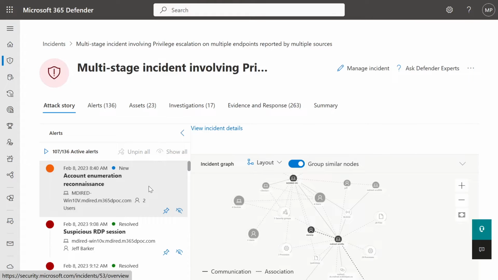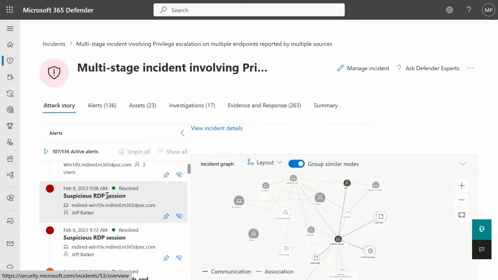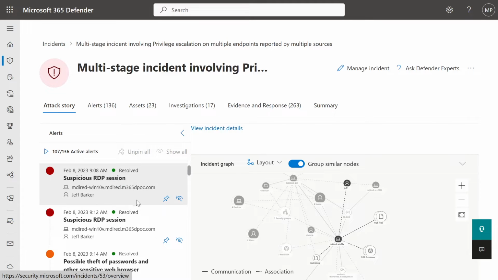We have an account enumeration, which is typically an attack that starts from MDI when a potentially malicious user is trying to find what users exist in the organization, what administrators, or what users have different permissions. And then after that, the attacker found a user that he wants to log into, and this is when he opens an RDP session to this user, where RDP stands for Remote Desktop Protocol, and he's trying to log in.